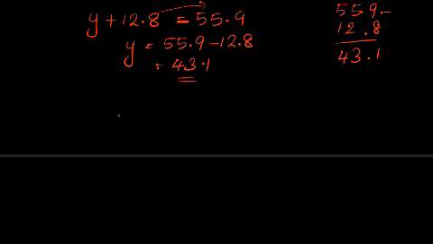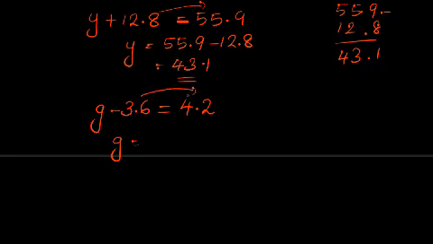Okay, next we can check a question where the operation on the left hand side is subtraction. For example, g minus 3.6 is equal to 4.2. So here it is subtraction. We have to find the value of g, so we have to bring this to the right side.